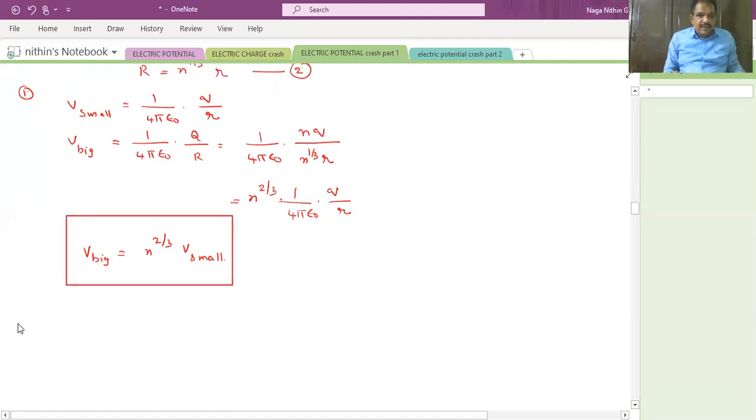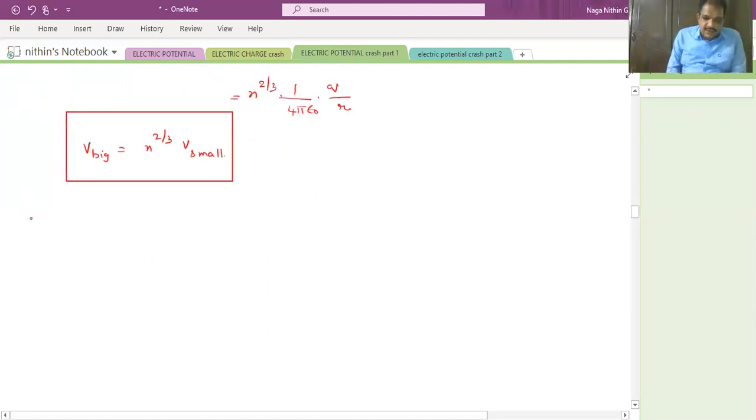Okay. Next, surface charge density. Sigma small: the charge on the small drop is Q, and the area of the small drop is 4 pi r square. Sigma big is capital Q by 4 pi capital R square. Capital Q means n into small q.